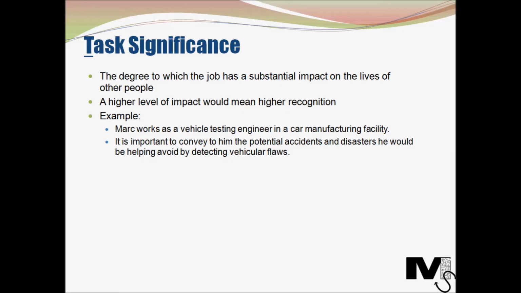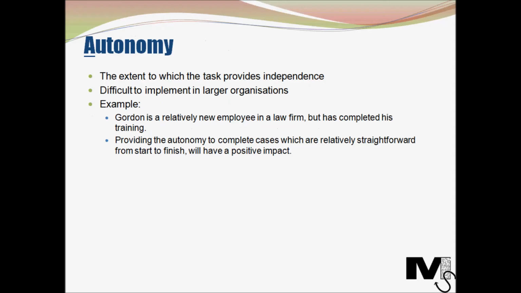Okay, now the next type is autonomy. This is the extent to which the task provides independence and freedom to the worker in terms of scheduling and the procedures used to complete the work. Okay, so a degree of autonomy is always valued by individuals. It's quite obvious, and it's quite well known.